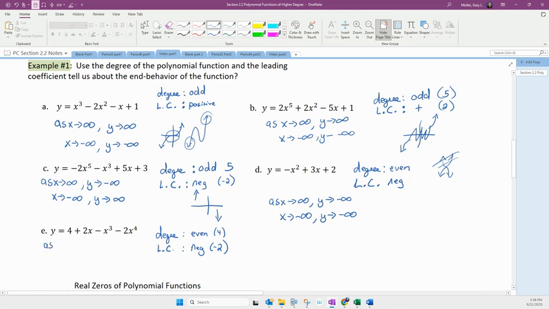And so as x goes to infinity, we're now going down. So this is an x to the 4th graph. I don't know what's going on in the middle, but eventually it's going to go down on both ends. Could be doing all kinds of stuff, but in the middle, don't know. On the ends, I do. So as x goes to infinity, y goes down. And as x goes to negative infinity, the left, y goes down as well. Okay, let's keep going.